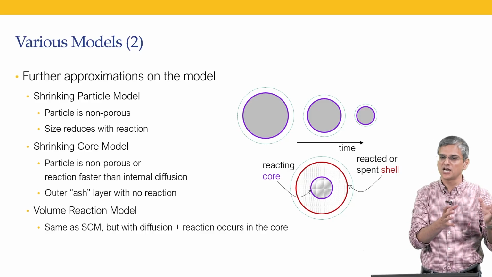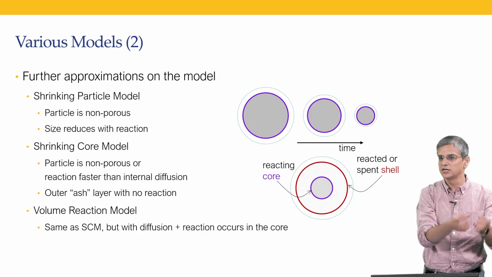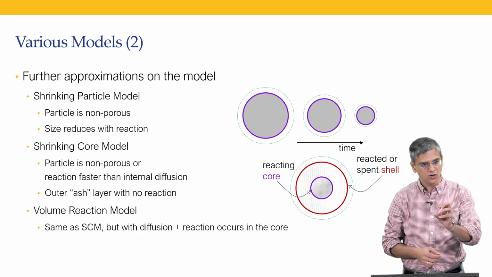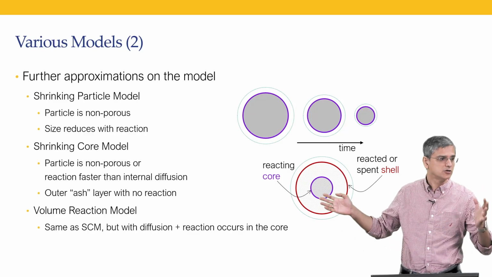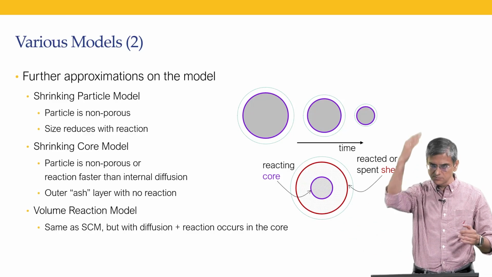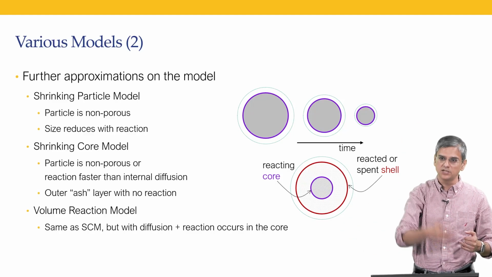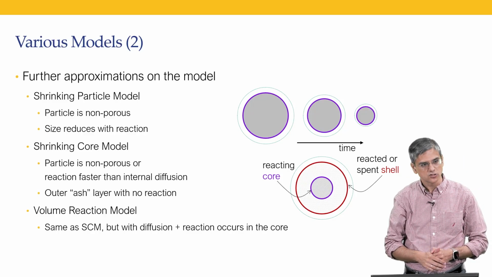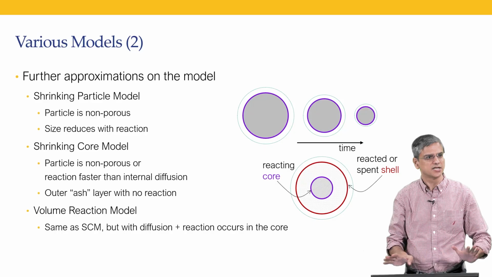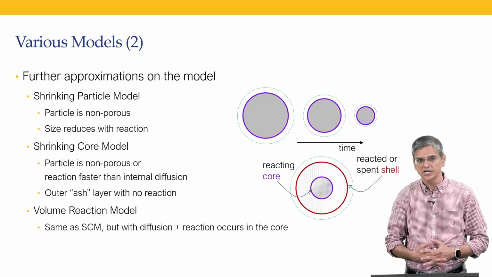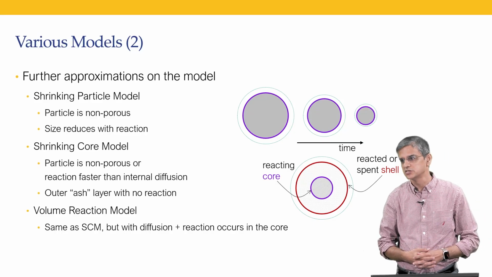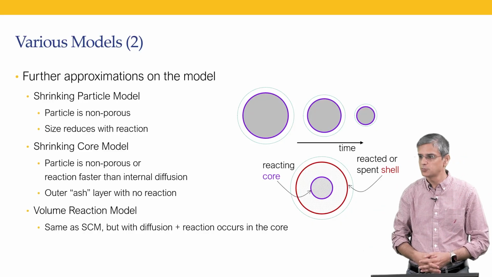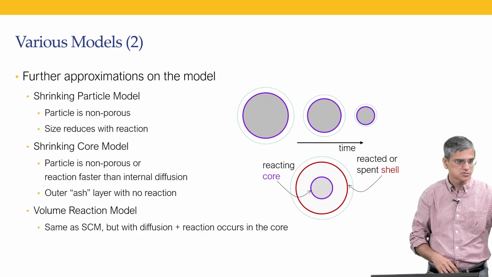Thereafter, diffusion and reaction both start taking place and it behaves a little bit like the shrinking core model, and when it becomes very small, it becomes like a volume reaction model. It's quite possible that one particle can flit between the first, second and third cases. We will not consider cases like that, but I am just telling you that in case that's relevant for your research, at the end of this module you will have the tools to handle those cases. Okay.